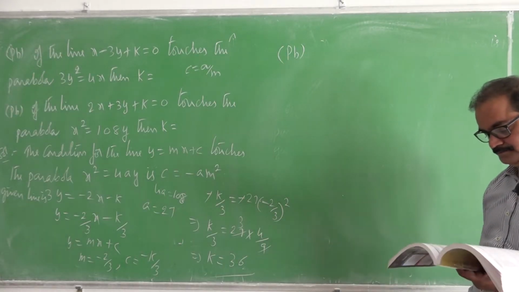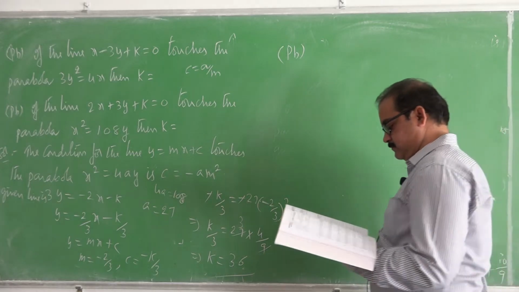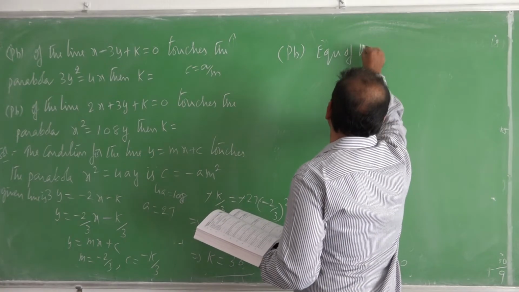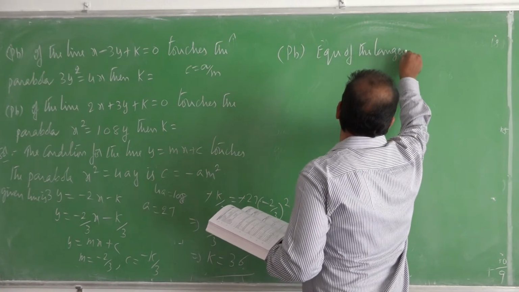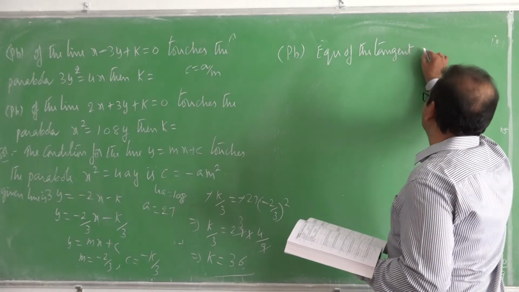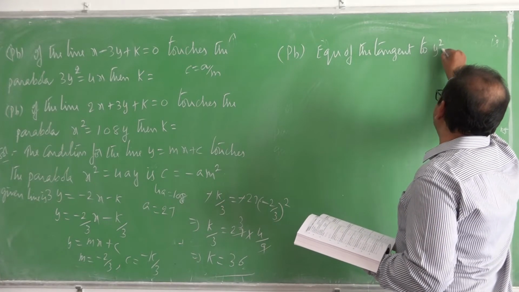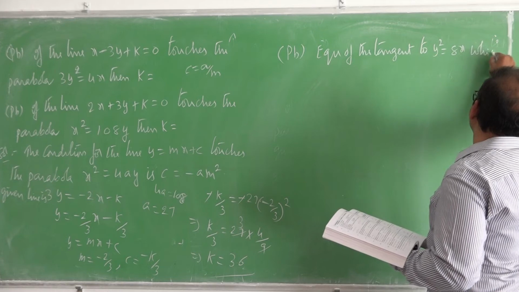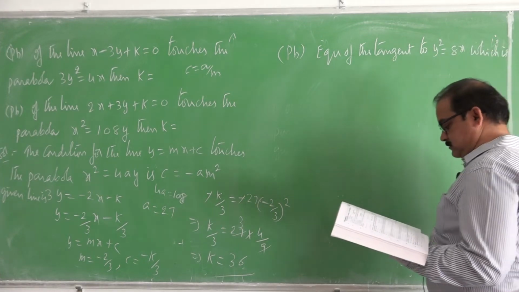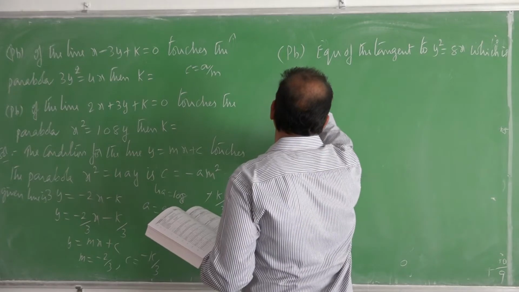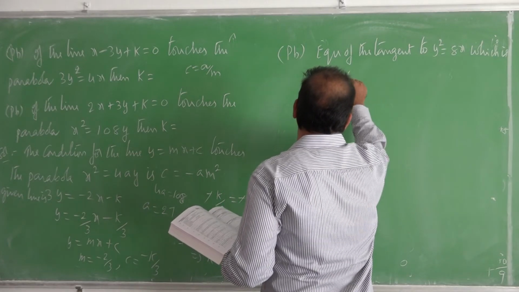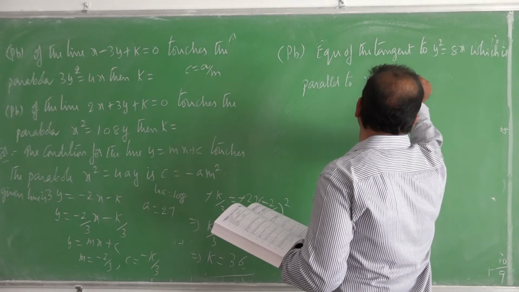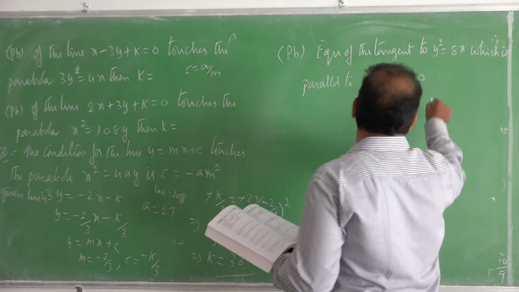Write the next problem. Equation of the tangent to y square is equal to 8x, which is parallel to x minus y plus 3 is equal to 0, is.